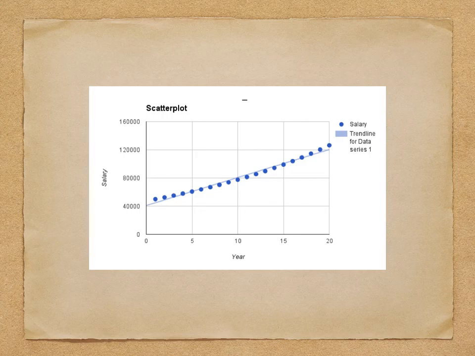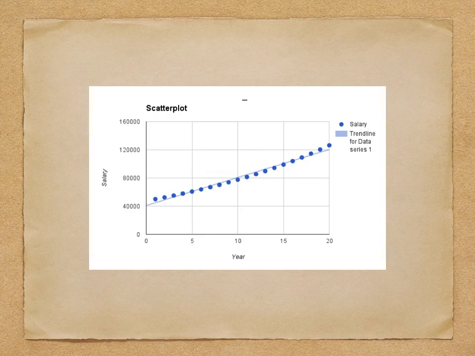And here you can see our scatter plot. On the y-axis you have the salary, the x-axis you have the year, and as you can see, our first point starts at $52,500, and like I said, our next point is $52,625.